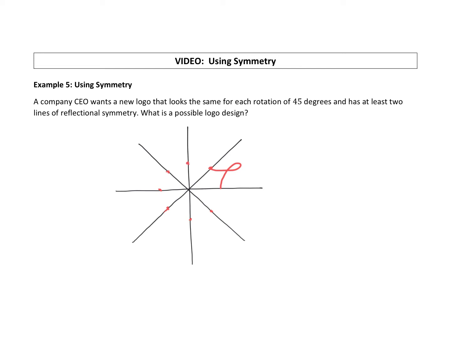And now I can draw my little guy like this. It won't be perfect, but I think you get the idea. I'm just repeating my pattern inside each 45-degree section.